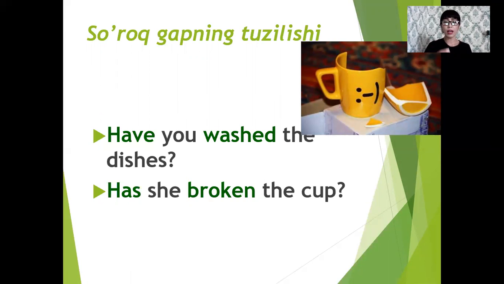So if I have washed the dishes, in an interrogative sentence, have stands before the subject. So, have you washed the dishes? If she has broken the cup, has she broken the cup? Just by moving, just replacing the auxiliary verb, we can make an interrogative sentence.